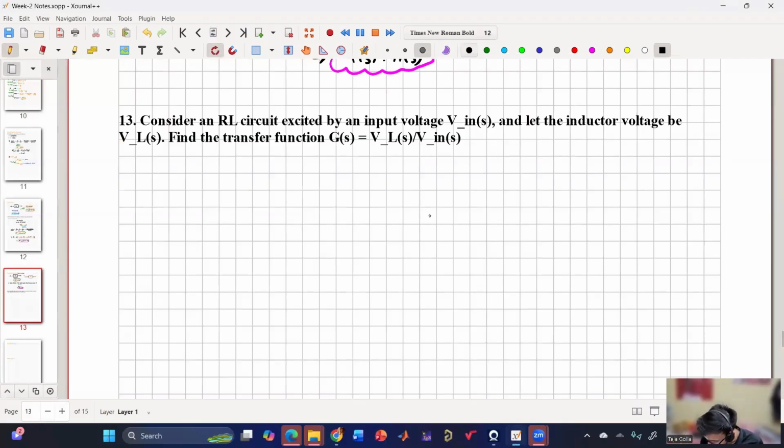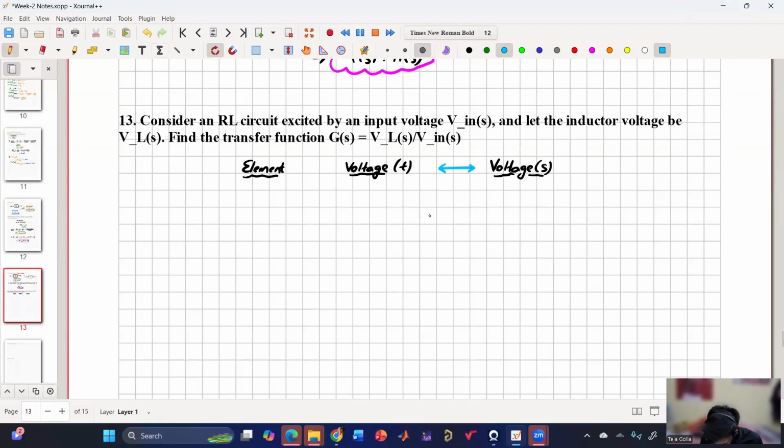So let me consider the element here, and its voltage. So in time domain, this is in time domain, this is in frequency domain, meaning applying the Laplace transform, the S domain.